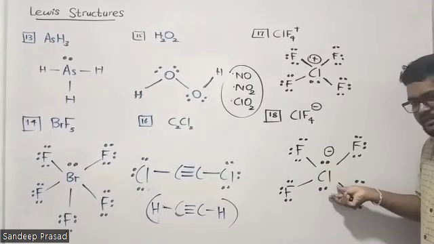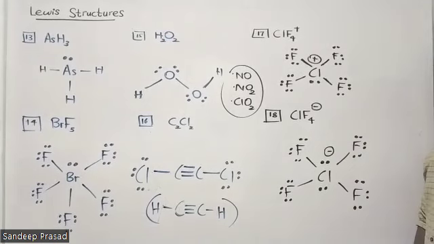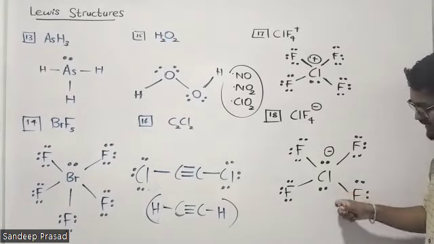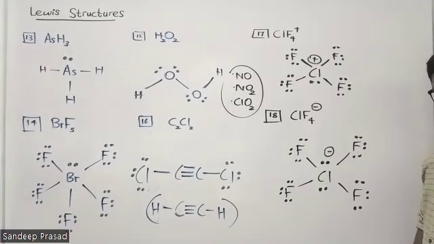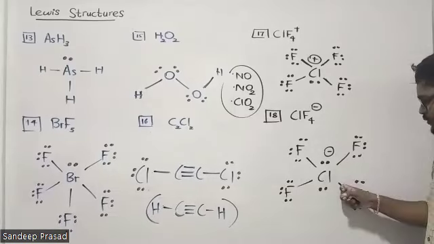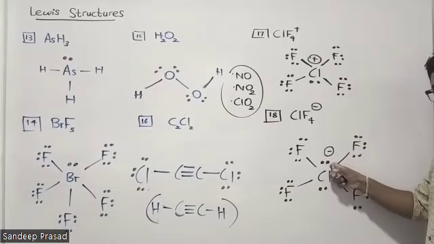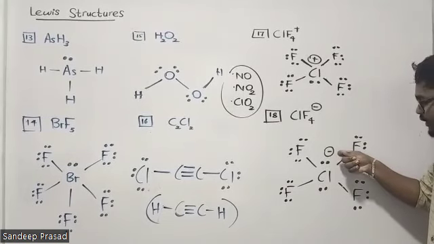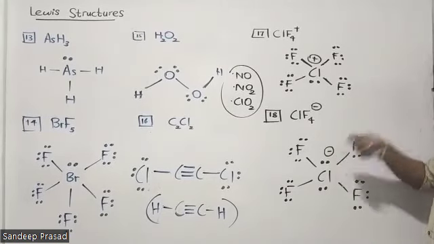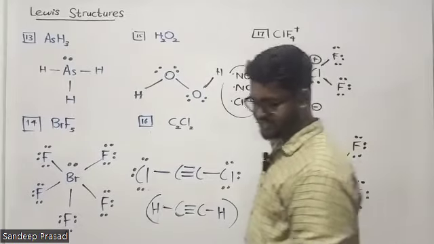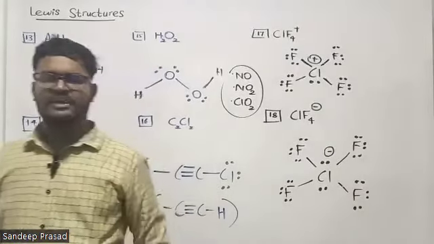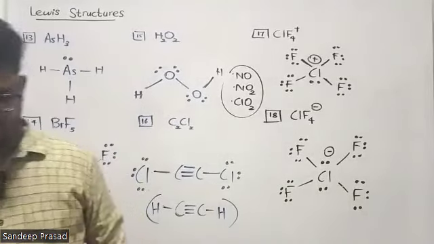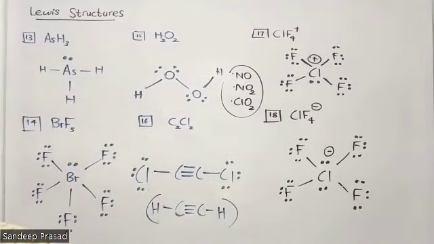In the valence shell of chlorine, there are only 7 electrons. Now we have 1 extra electron. Because of that extra electron, we have to put the negative charge on the chlorine. Understood? This is the way that we directly apply the charges.